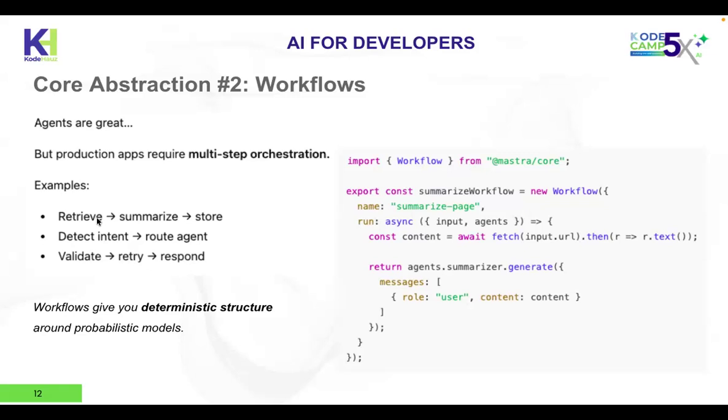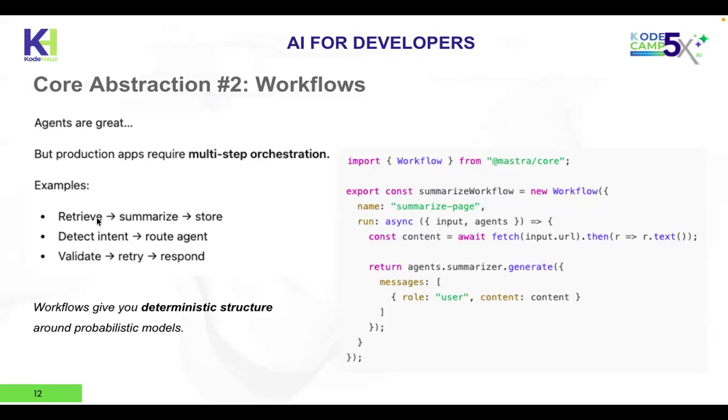So you can see that there's even routing. You could even have a situation where you have multiple agents in an agent team, and you have an agent whose own job is to figure out which agent to route requests to. Okay. So that's another multi-step, right?